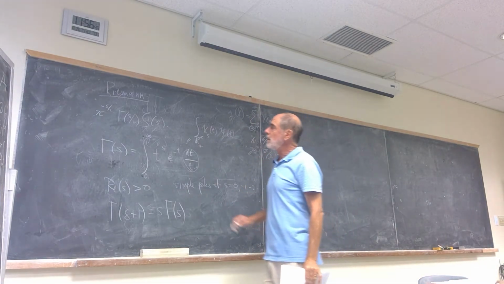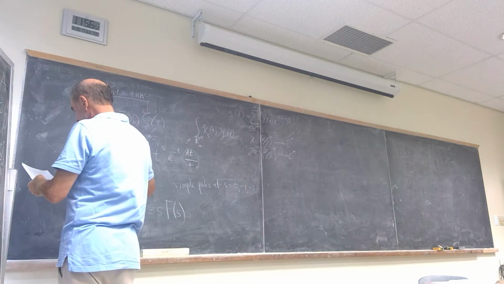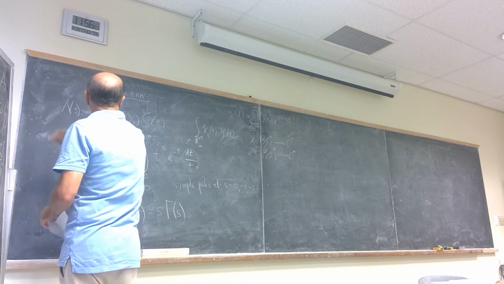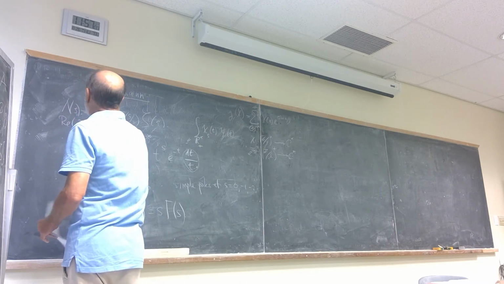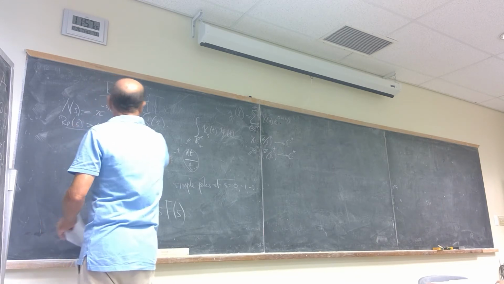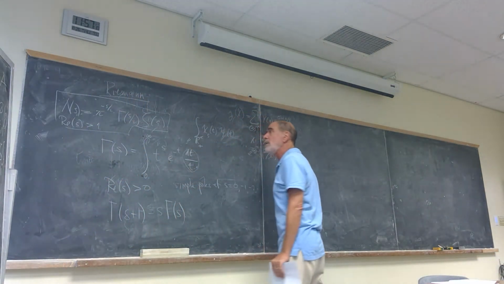All right, anyhow, Riemann said that if you take this function and you call it, let's see what I'm going to call it here, lambda of s. So this is defined for real part of s greater than 1. It's holomorphic in that region because the gamma function is certainly okay in that region, and so is the zeta function.